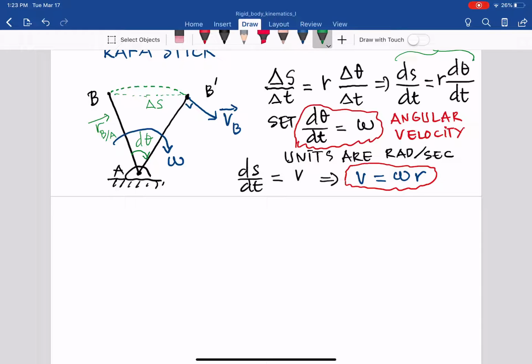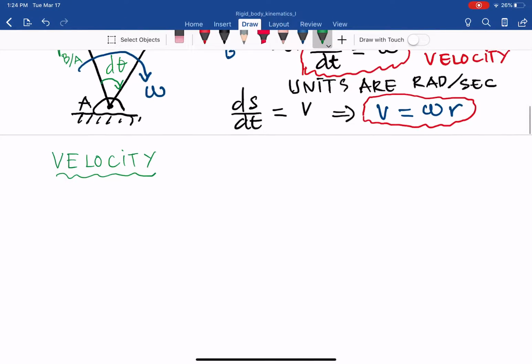So let's talk a little bit about the characteristics of the velocity in rafa motion. You can see the omega and radius have a relationship with the velocity at a point.